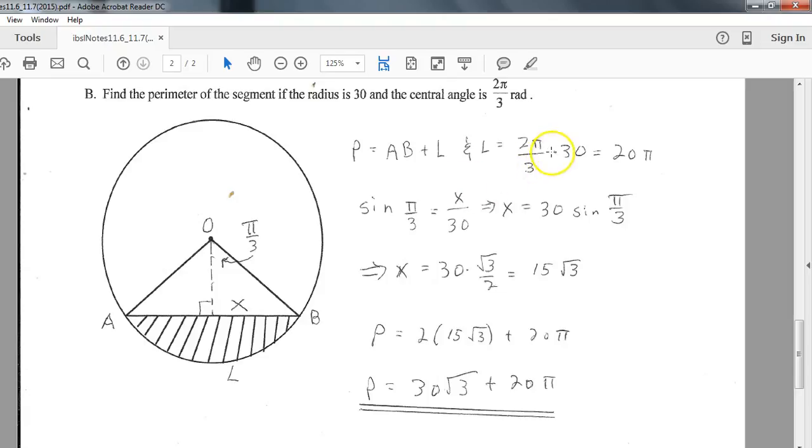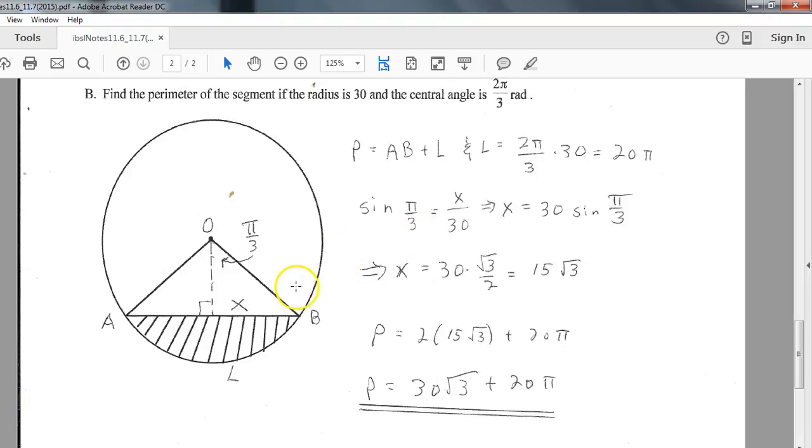And so we're starting out with our arc length formula. So we have the central angle times a radius, and that gives us the arc length, so that's one part of it. And then we're now using a little other information right here to get segment AB.